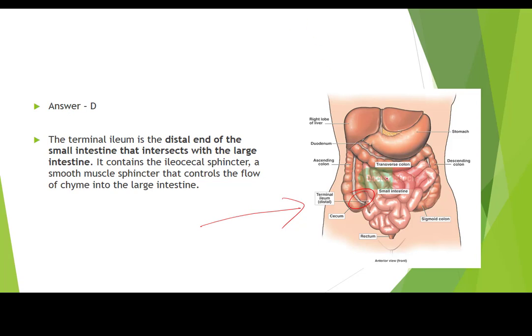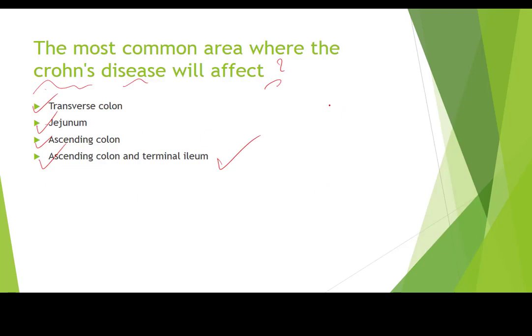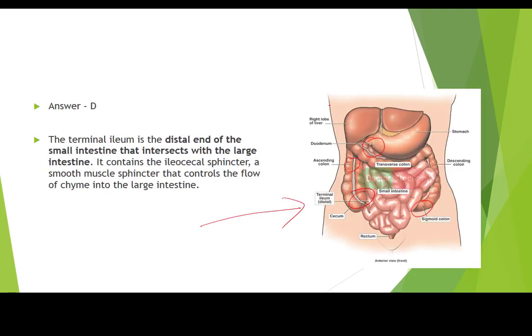Every point is clearly mentioned here, this is the ascending colon, and here is the duodenum. The image is for understanding purpose, so you can understand what the ascending colon and terminal ileum are.